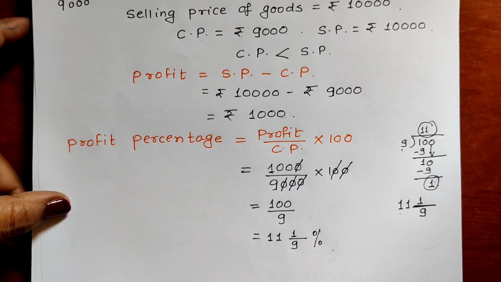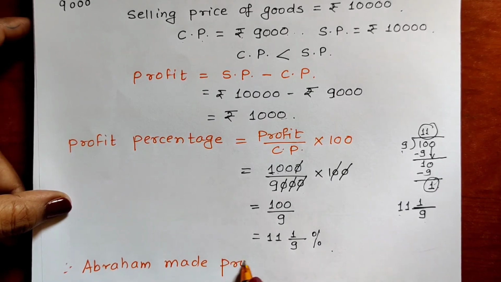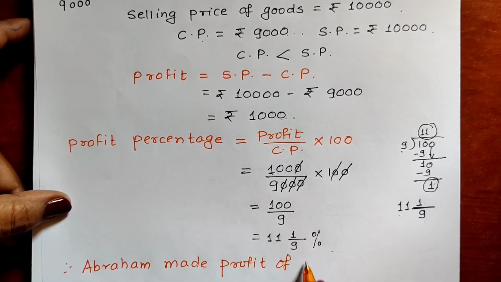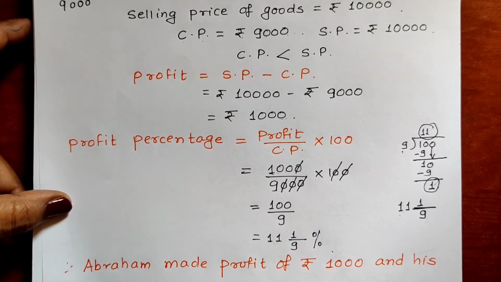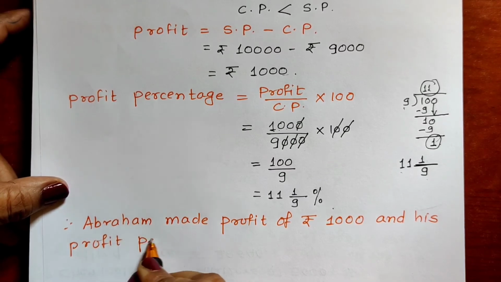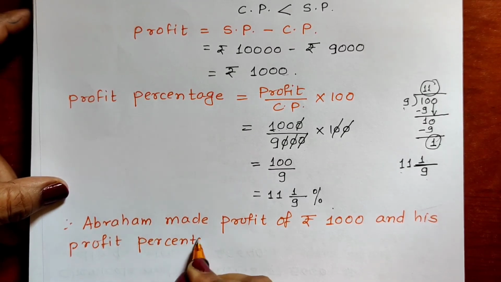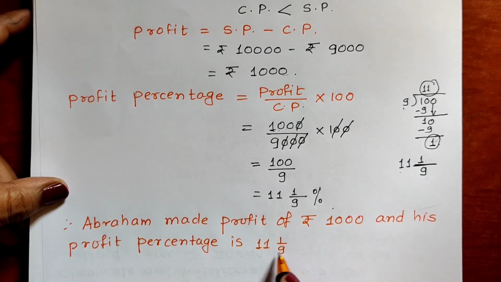Now write the answer statement. Therefore, Abraham made a profit of rupees 1,000 and his profit percentage is 11 integer 1 upon 9%.